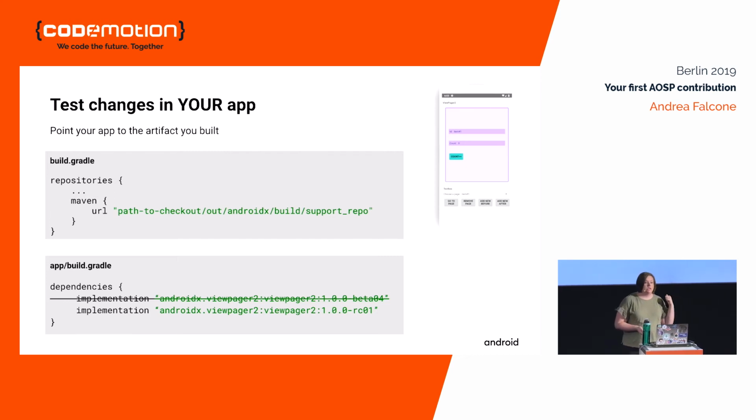And then you can change the version number to whatever the latest version number of the library is that you have locally. And then your app is going to point to the code that was just built, the Jetpack libraries that were just built at the latest version. So pretty simple. And like I said, it's important to test in your app because you're the one that knows the problem that you're fixing.